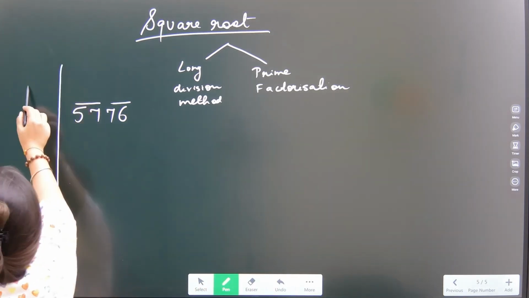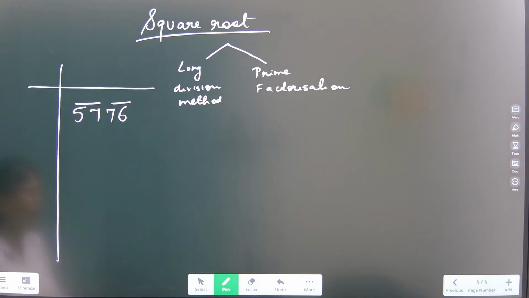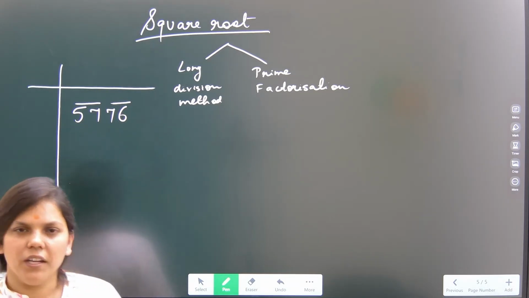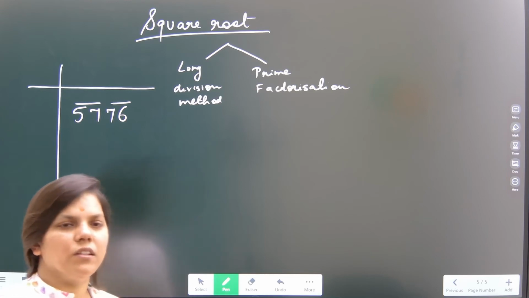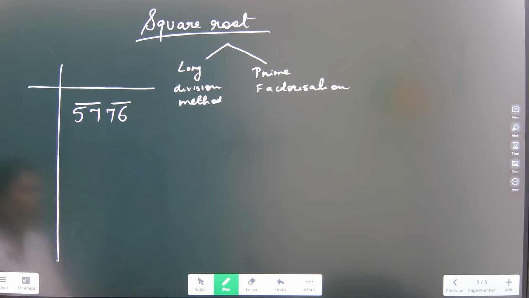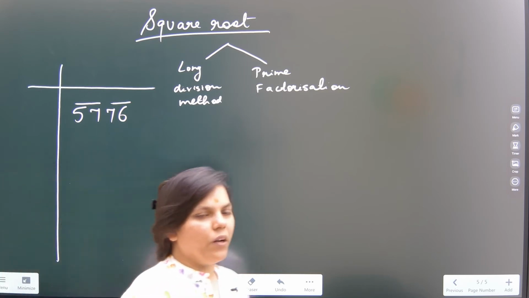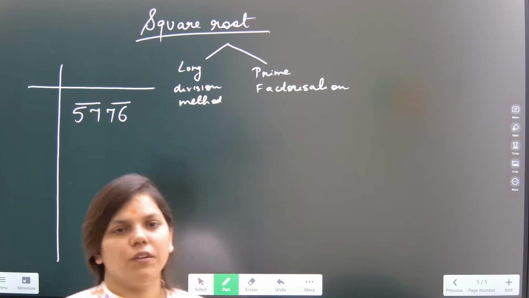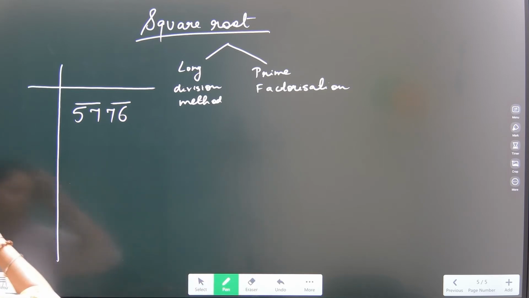Now I have to check whether 57 is the square of any number. Is 57 the square of any number? No, it is not. So I need to find a number which is less than 57, closest to 57, which is a square.